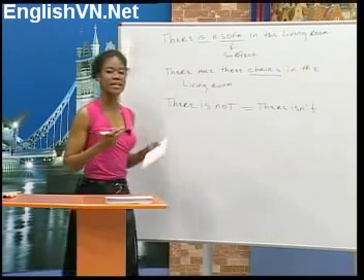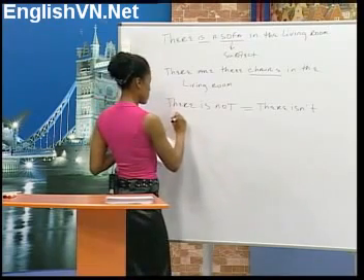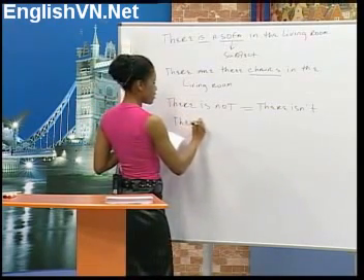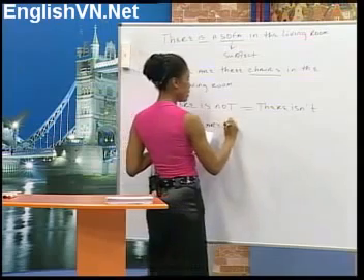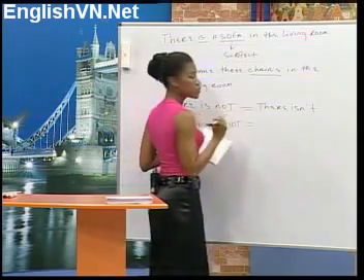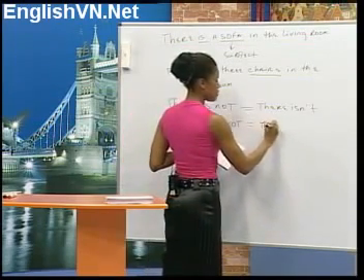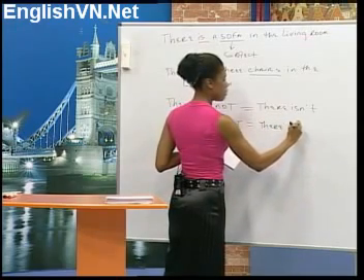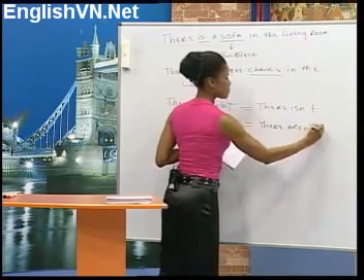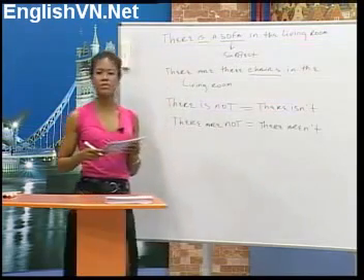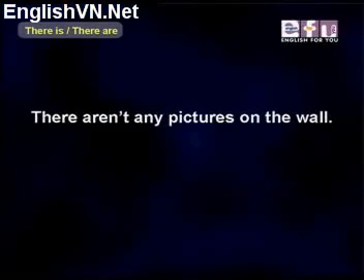The negative of there are is there are not, or short form, there aren't. Look at your screen for an example. There aren't any pictures on the wall.